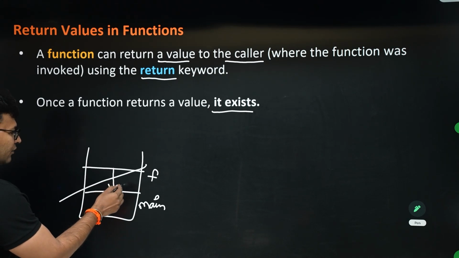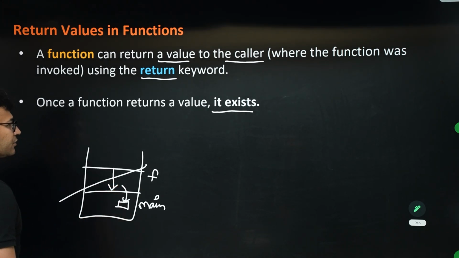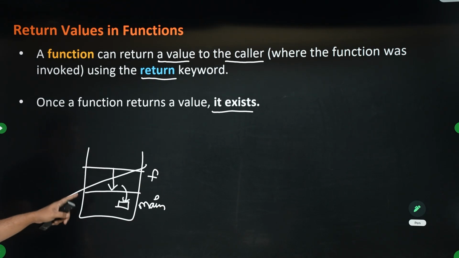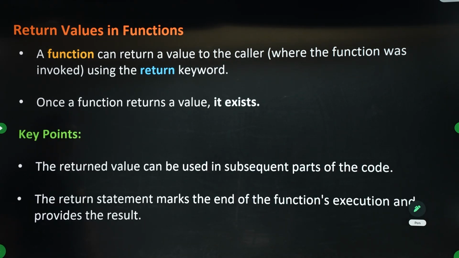Now whatever value it has returned, that will remain in the caller. Therefore, a function can return a value and it will exist forever. But the function will not exist forever. Once its execution is completed, it will be deleted from the stack.